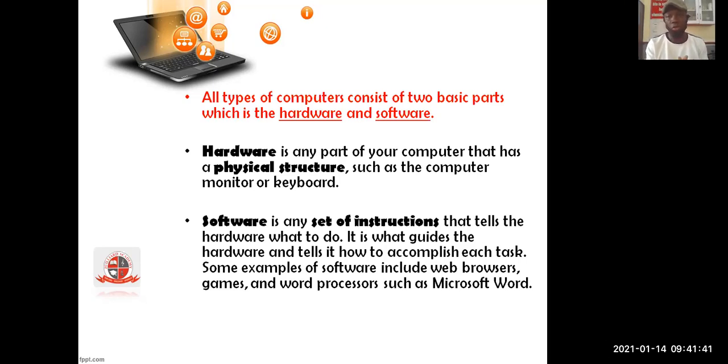Examples of software include browsers, gaming software, apps, your operating systems, and your Microsoft Word software. These are parts of the system that help the system function, but you cannot touch them. You cannot touch the software.